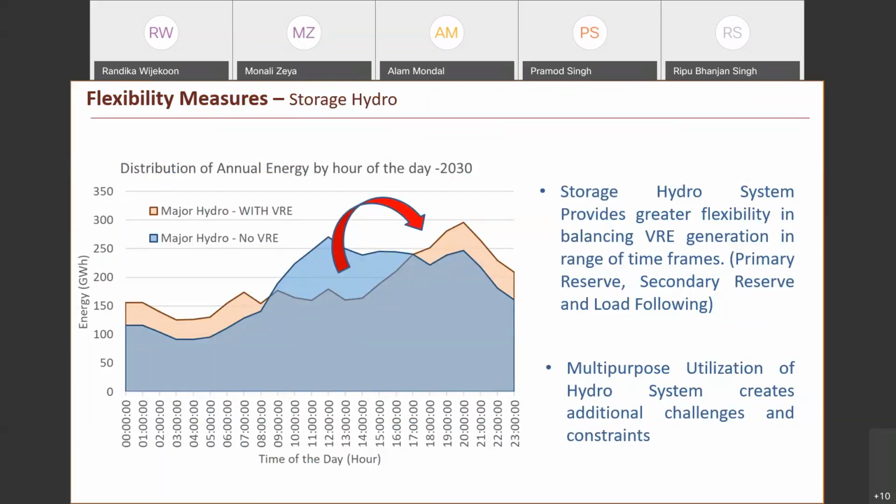We see from our analysis that the hydro system's behavior changes with the addition of renewables, to support balancing the VR generation in the time to come. One challenge we have is the multi-purpose use of these hydro systems, because there are other water users that restrict the fullest utilization of these hydro systems. The next slide, please.